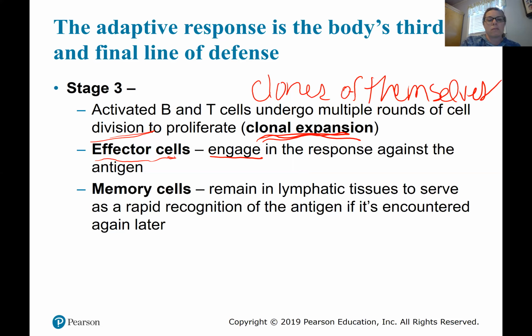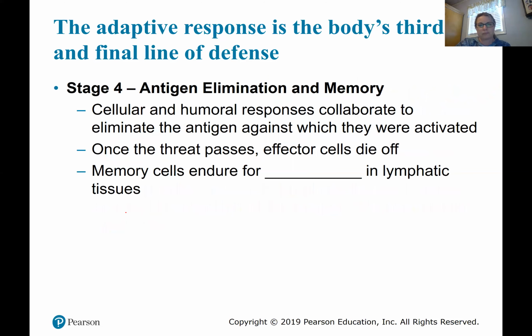Okay, so most of these new clones are going to be effector cells or warrior cells, and then a few of them are going to be memory cells, so that way if you step on that rusty nail later or you get exposed to this E. coli again another time, they're going to remember this antigen. They're going to remember this response and help boost the body's response to that antigen.